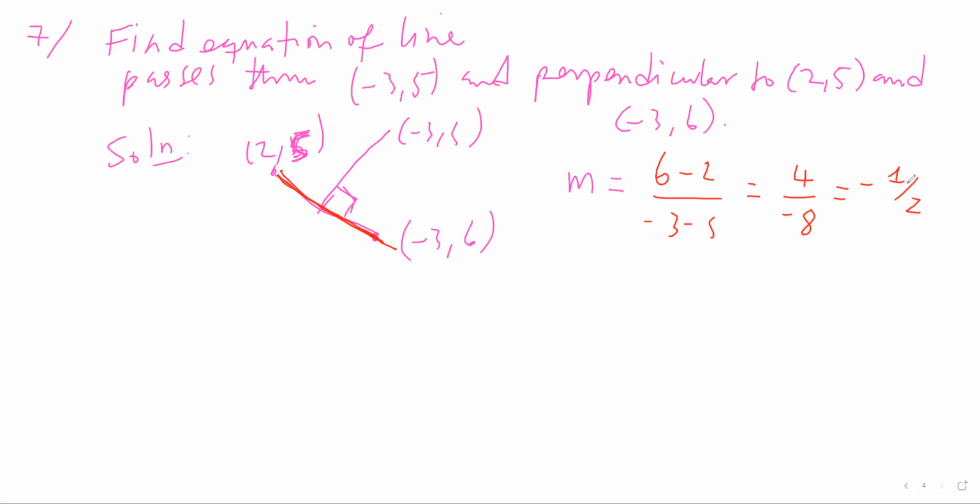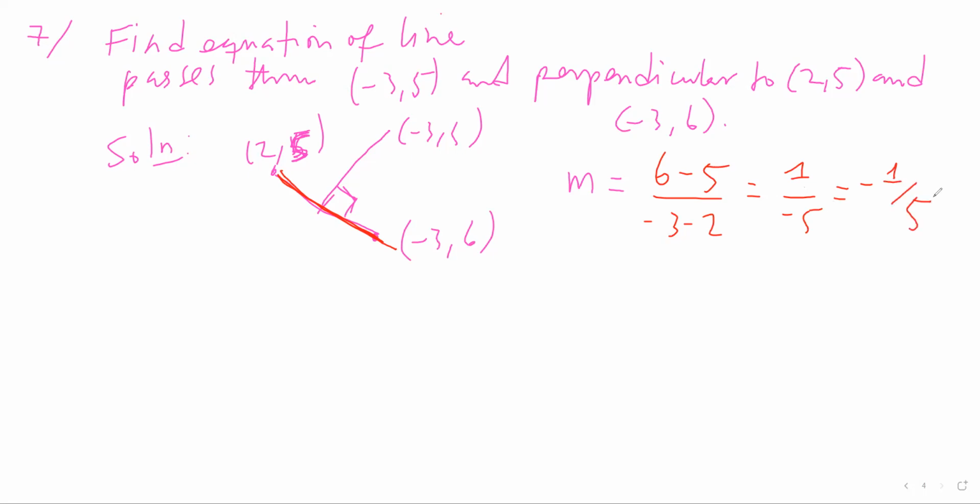Right? Sorry, this is rather the opposite. So we have 6 and 5, and then we have minus 3 and 2. So this is 1 over minus 5, minus 1 over 5.